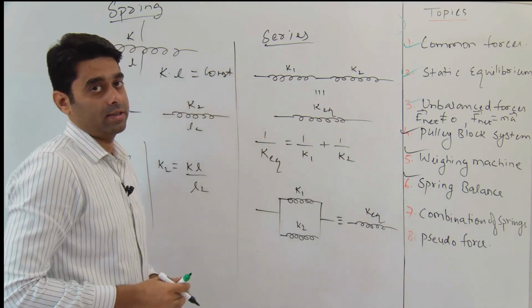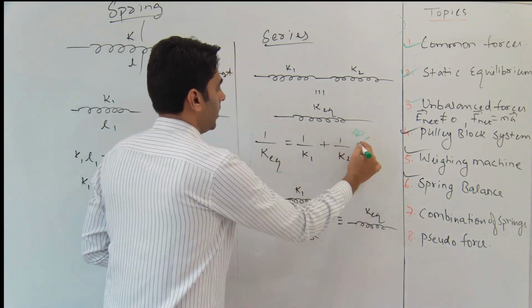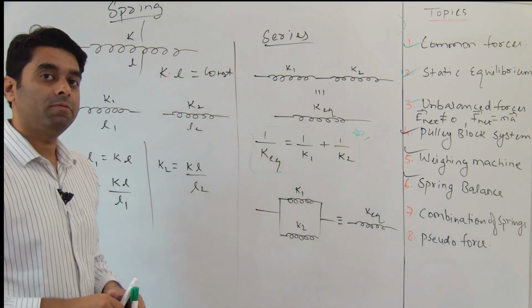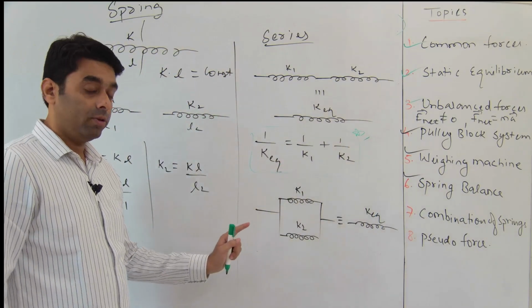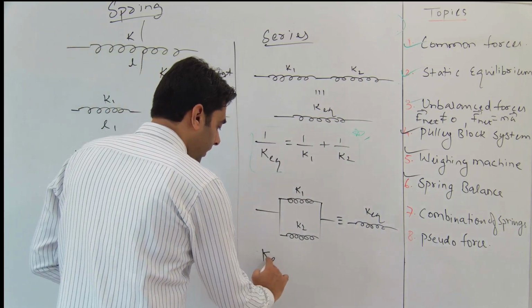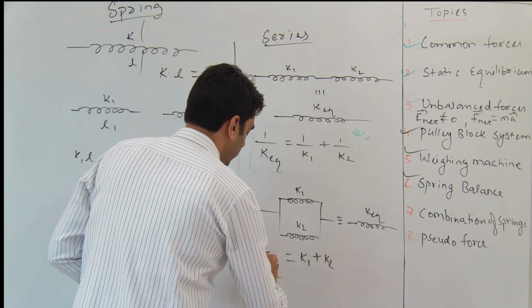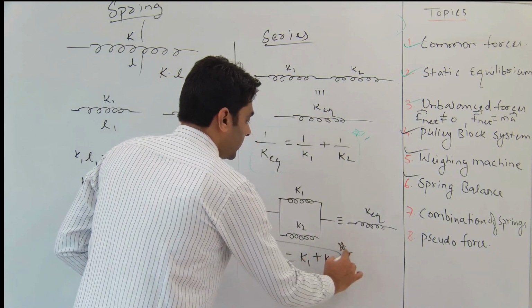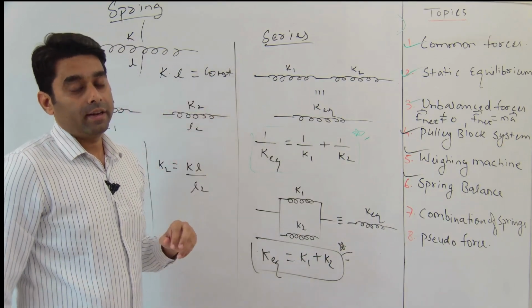This is our result. Next, suppose two springs are in parallel, having spring constants K1 and K2. If they are replaced with a single spring, its equivalent spring constant K equivalent will be K1 plus K2. It's easy to remember because we have the resistance results very clearly in our minds.